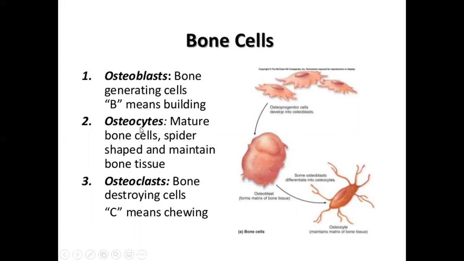Osteocytes, they are mature bone cells, spider shaped and maintain the bone tissue. And osteoclasts, they destroy the bones, bone destroying cells. C means chewing of the bone. Osteoblasts, osteocytes, and osteoclasts.